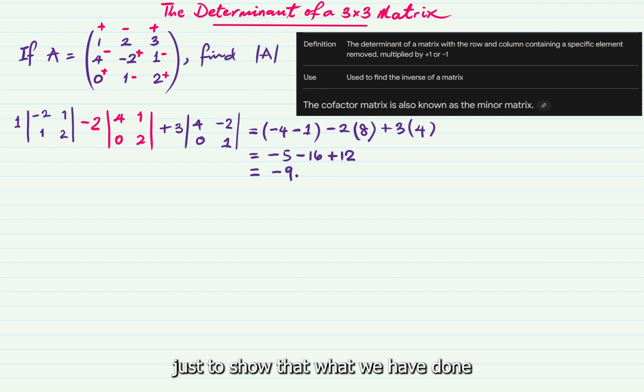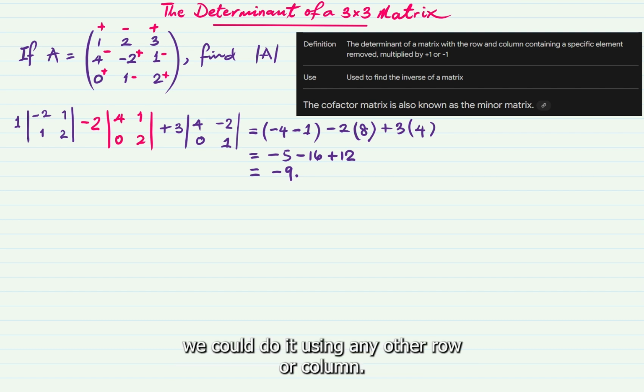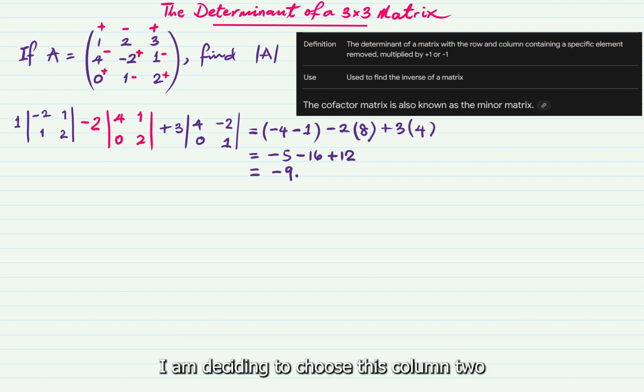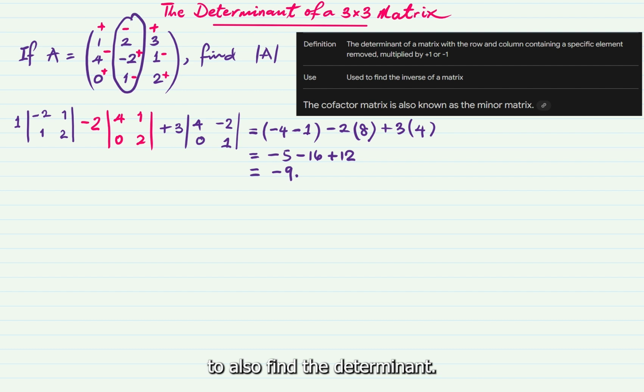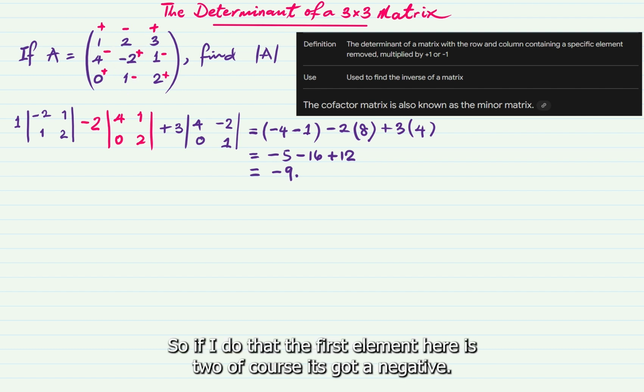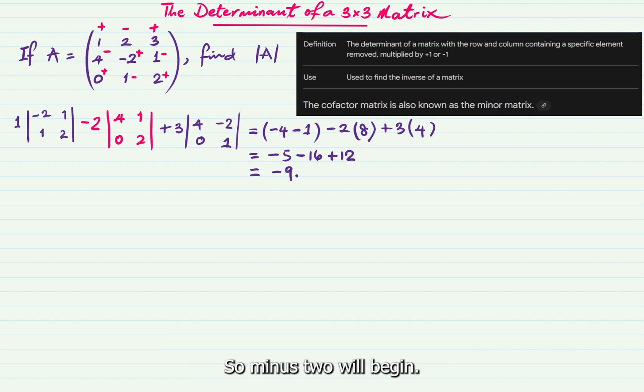Just to show that what we have done, we could do it using any other row or column, I am deciding to choose this column 2 to also find the determinant. So if I do that, the first element here is 2. Of course, it's got a negative, so -2 will begin. And then the mini matrix, of course, will be 4, 1, 0, 2.